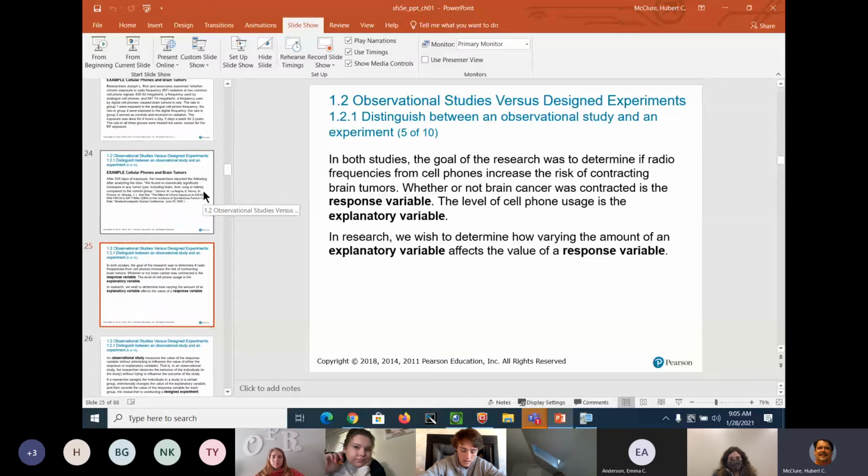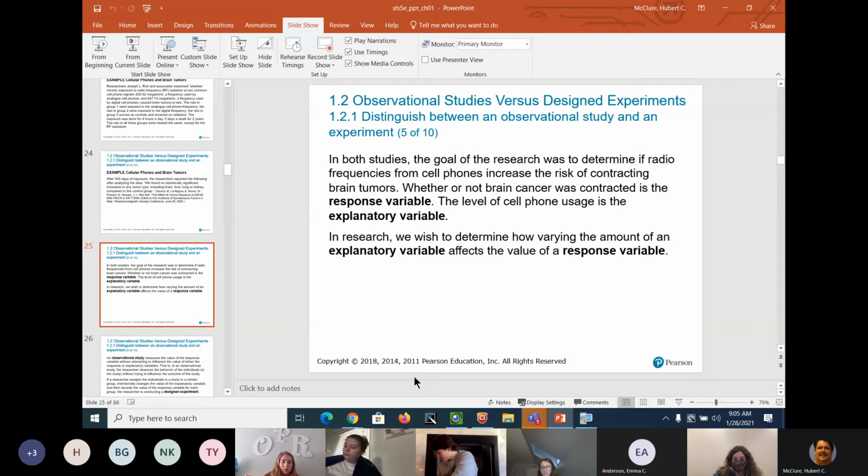Okay, let's talk about a response variable. In research, we wish to determine how varying the amount of an explanatory variable affects the value of a response variable. Now, right quick, I want you to change explanatory to the x-axis. So we're going to write this down.